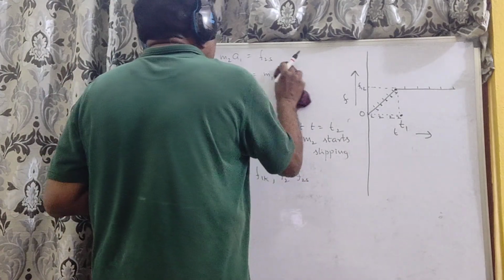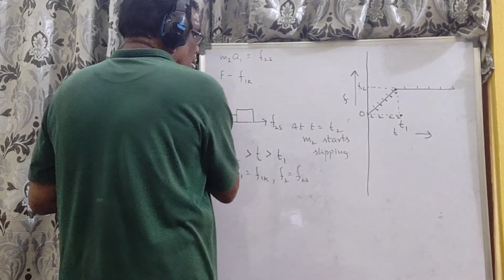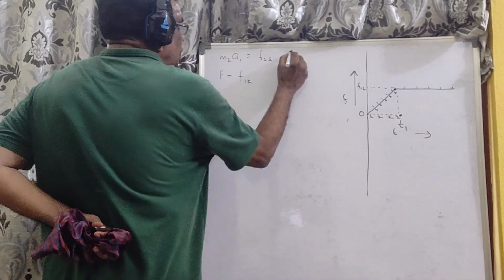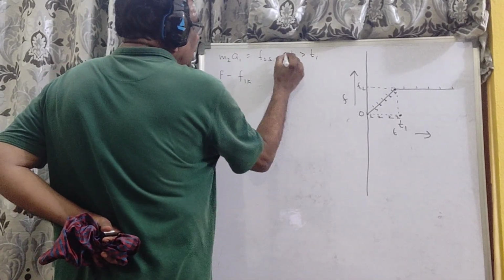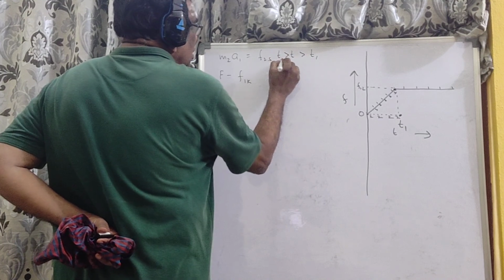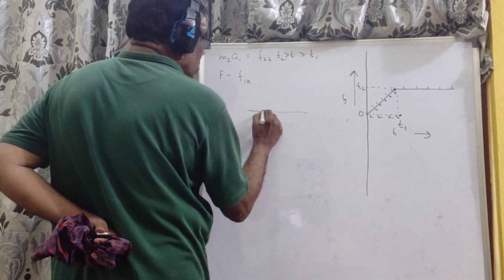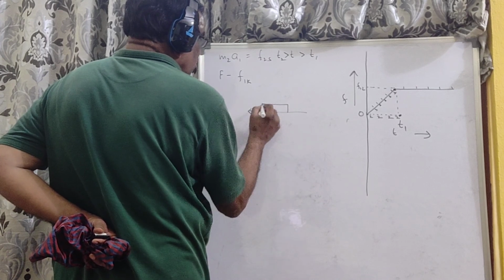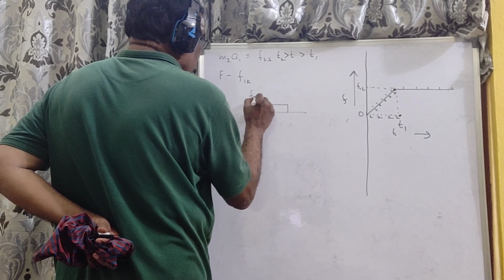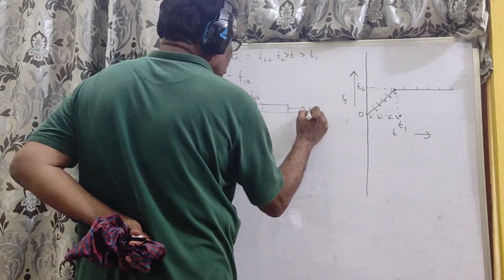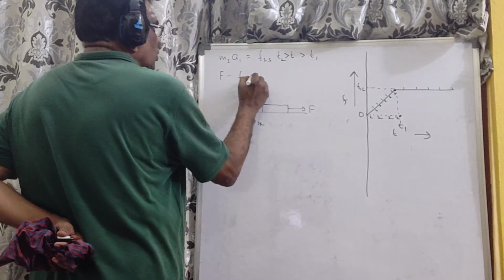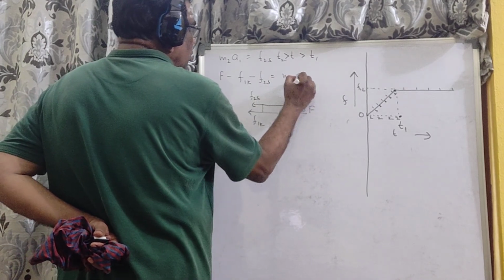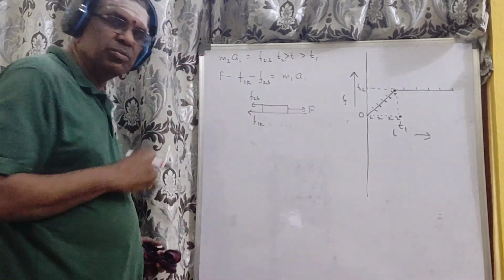F1k, the moment it comes, I will put that here also for you. T greater than T1 but less than T2. F1k, F2s, F. So F minus F1k minus F2s is equal to M1A1.